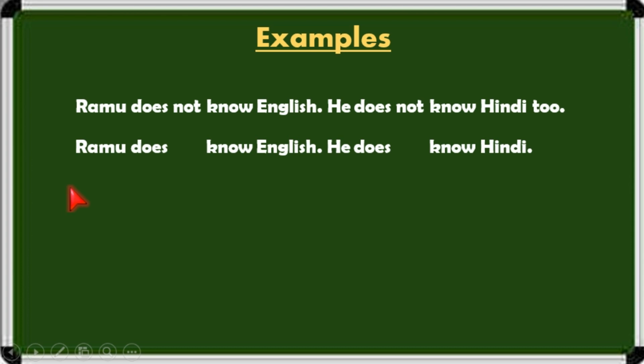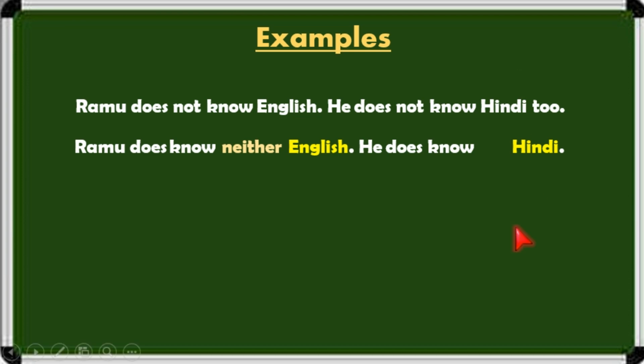Okay, now identify different words from given sentences. So Ramu does know English, he does know Hindi. So what are the different words given here? English and Hindi. Okay, now write the word neither just before English.